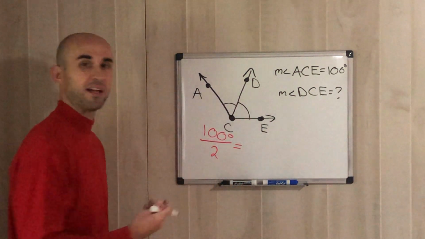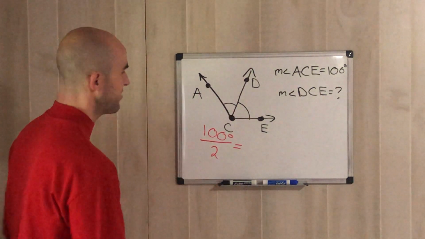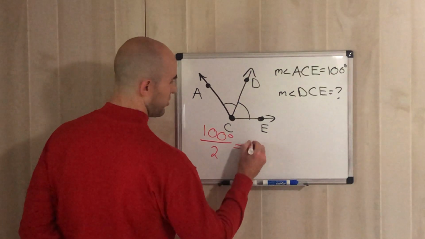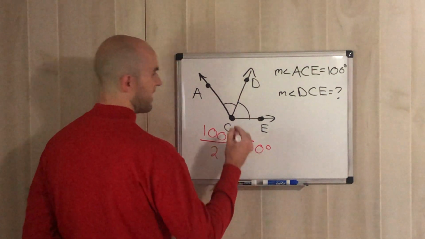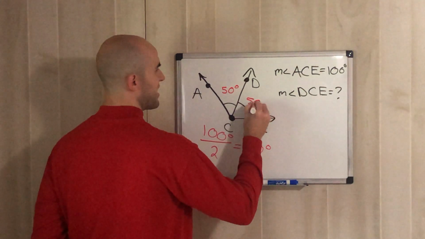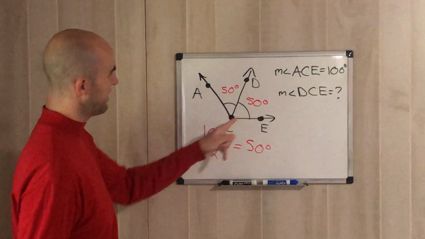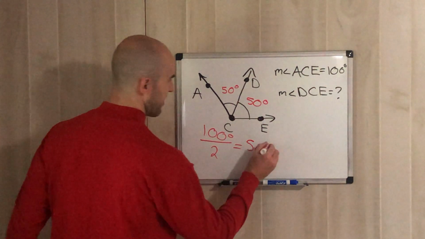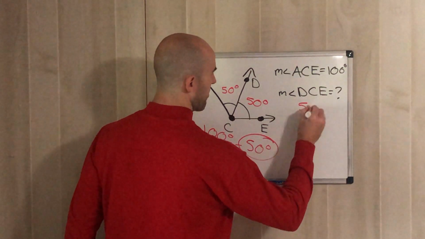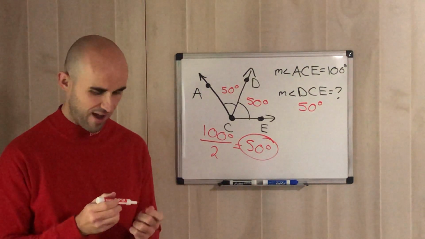The reason you're dividing by 2 is that you have two angles that are exactly the same, that are congruent. 100 divided by 2 gives us 50. If we check it, if that's 50 and that's 50, they're both the same, and 50 plus 50 gives us 100. That's our answer.